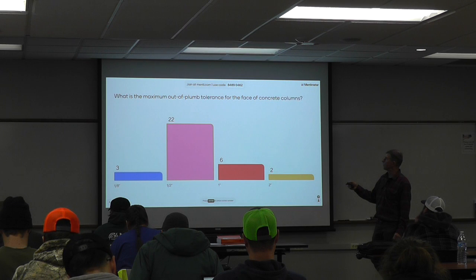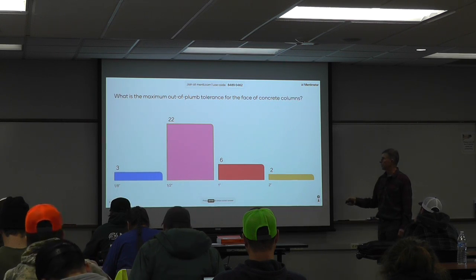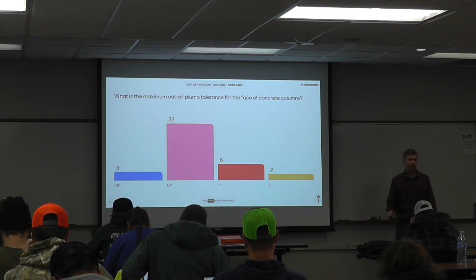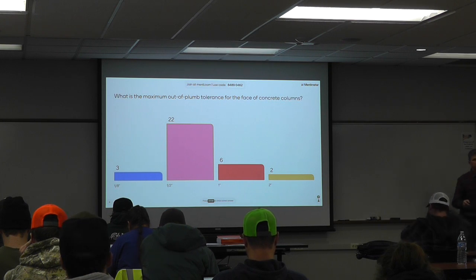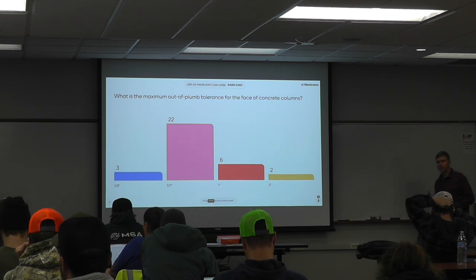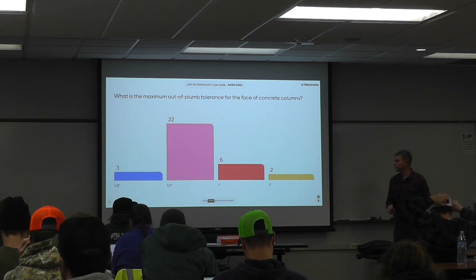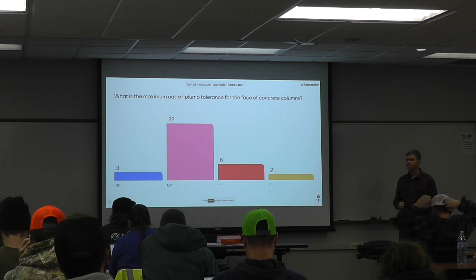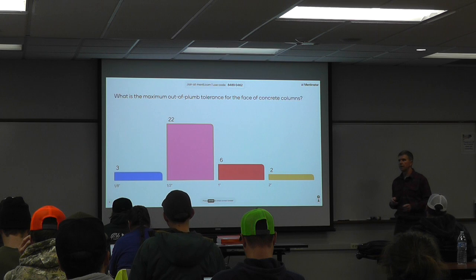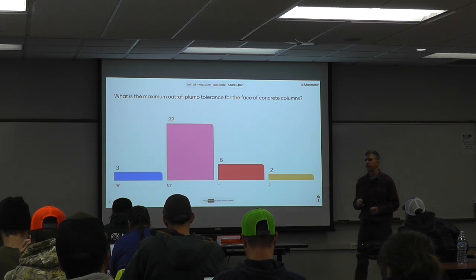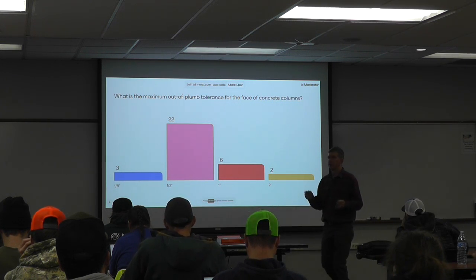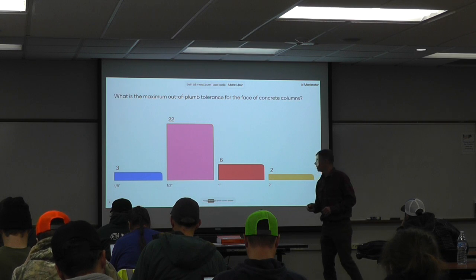So the maximum out-of-plumb tolerance is 1/2 inch. Just keep that number in mind as you take the exam, it'll be beneficial. You want to say that again? Half inch, 1/4 in 10 feet, and what was it after that? It's a 1/4 inch in 10 feet and a 1/2 inch in 20, or max, actually max.